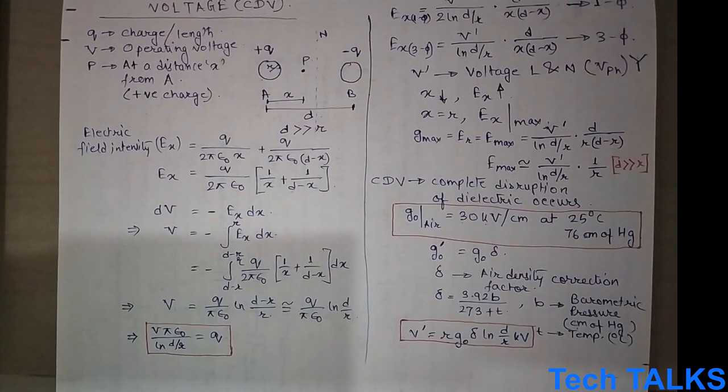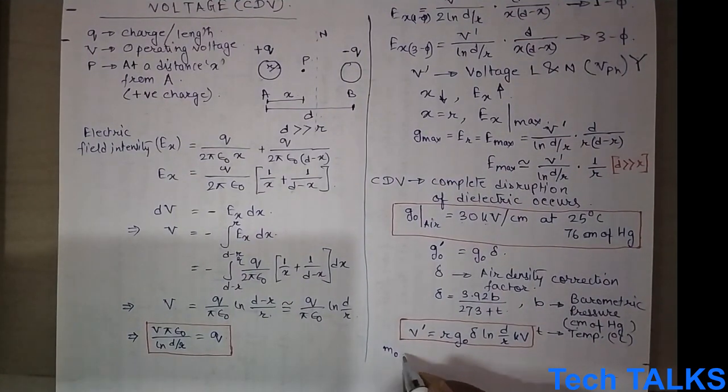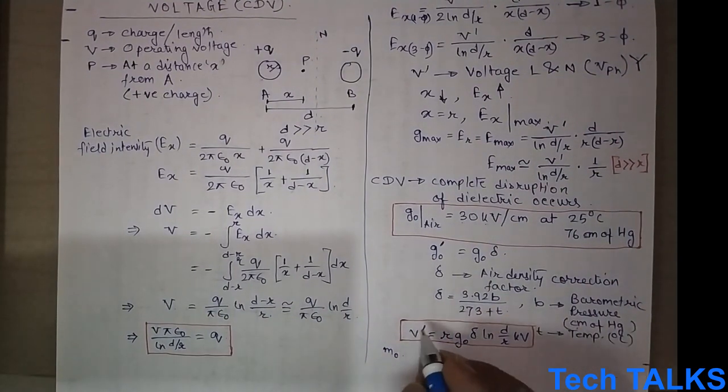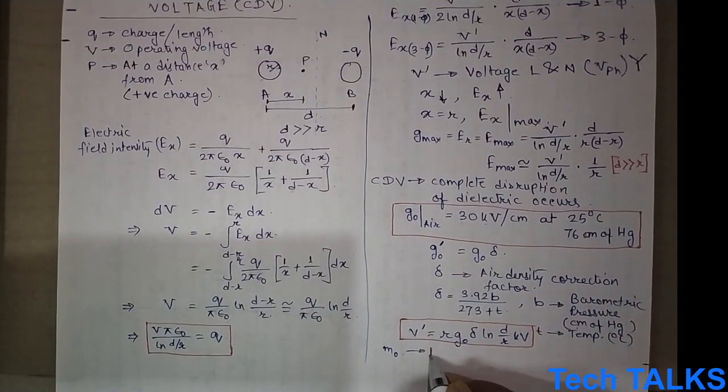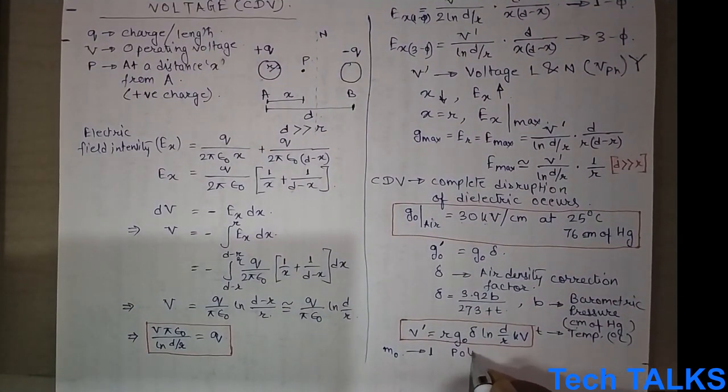However, this M naught varies from 0.98 to 0.93 for rough wire.